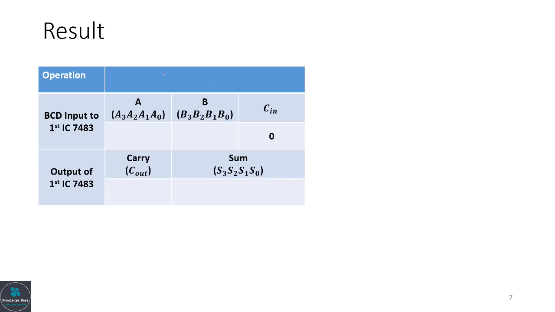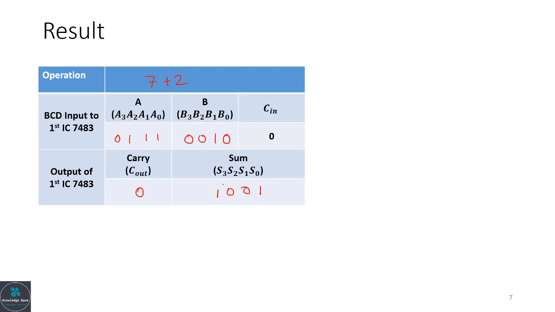Here we have a restriction that A and B values cannot be greater than 9, so they will be in the range 0 to 9. So let us take, we are performing 7 plus 2. So A is 0, 1, 1, 1 and B is 0, 0, 1, 0. The result will be 1, 0, 0, 1 with a carry 0.